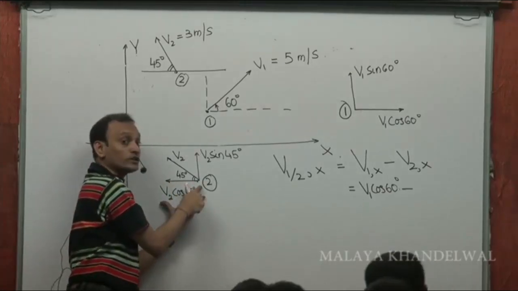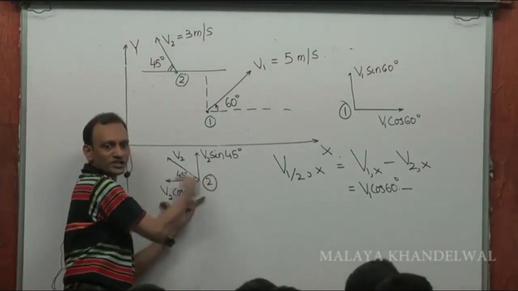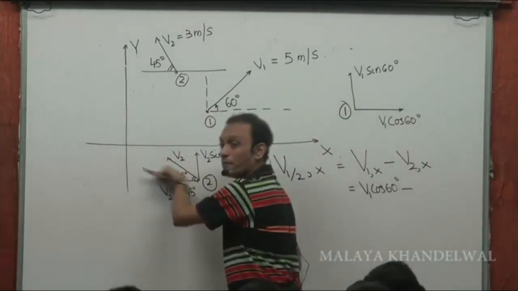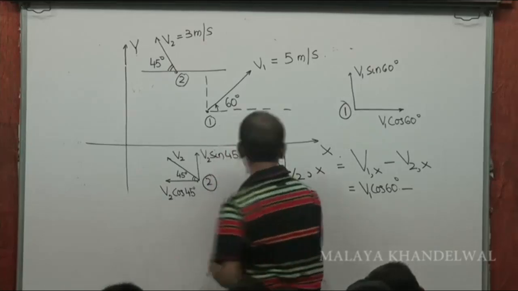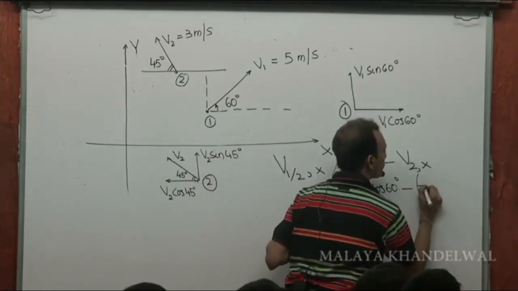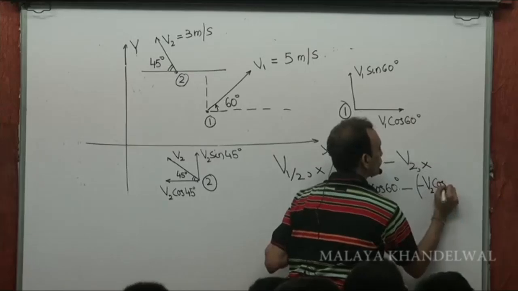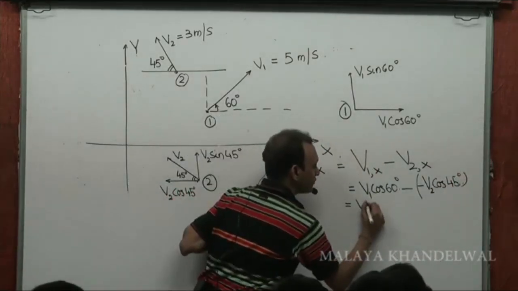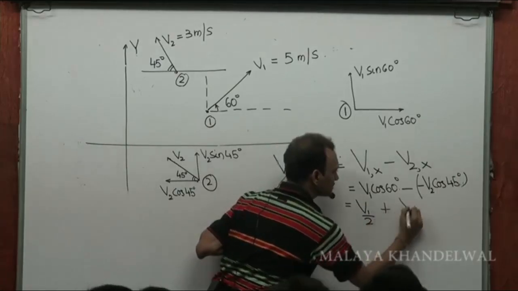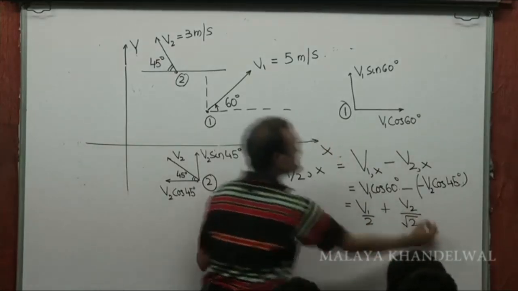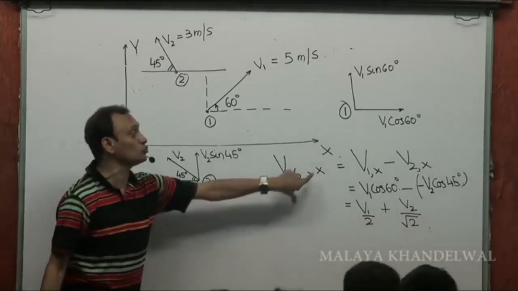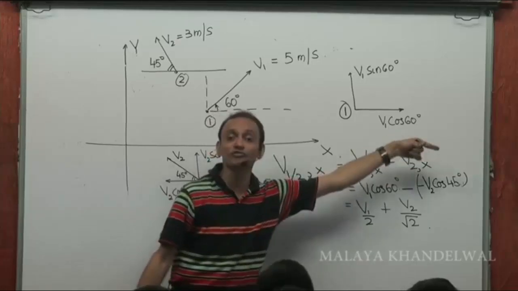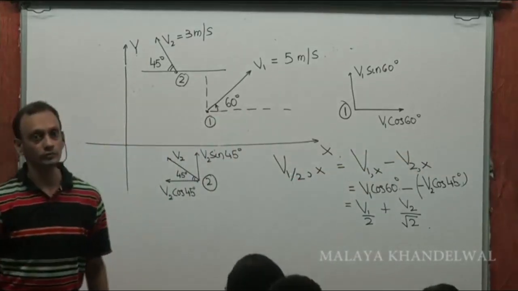So velocity of 2 along the x-axis is minus V2 cos 45 degrees, right? That means that's going to be V1 by 2 plus V2 by root 2. That's the relative velocity of 1 with respect to 2 along the x-axis. What is it going to be? Velocity of 1 along the x-axis minus velocity of 2 along the x-axis. Yes or no? Right?